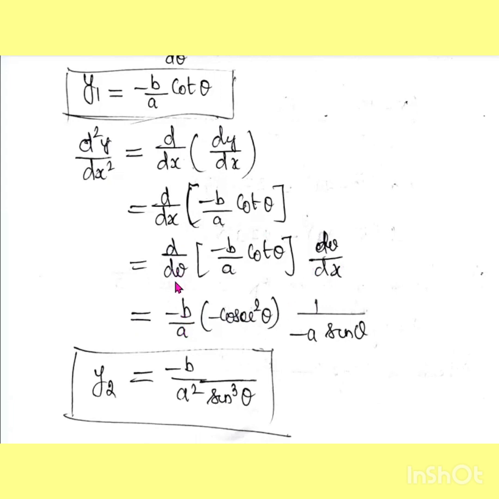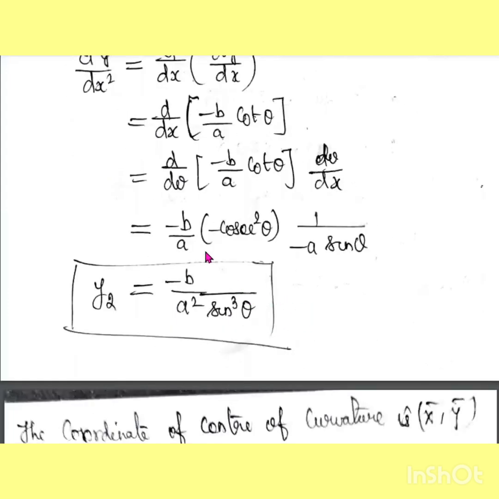What is the differentiation of cot theta? Minus cosecant square theta. So minus b by a into minus cosecant square theta into d theta by dx, which is the reciprocal of dx by d theta, so 1 divided by minus a sin theta.